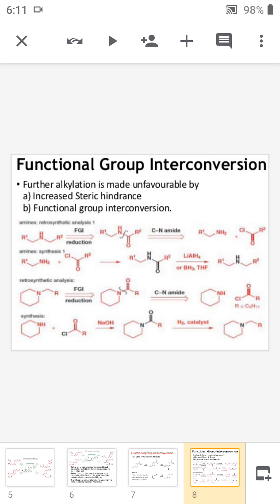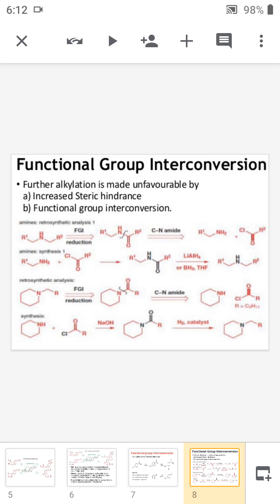But if you are synthesizing the molecule by using the reverse of the retrosynthetic analysis, we will definitely get a tertiary amine, because if you are alkylating a primary amine, we will not get a secondary amine, but instead we will get a tertiary amine.